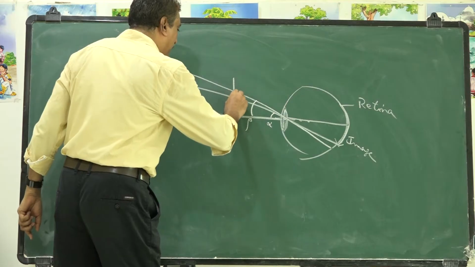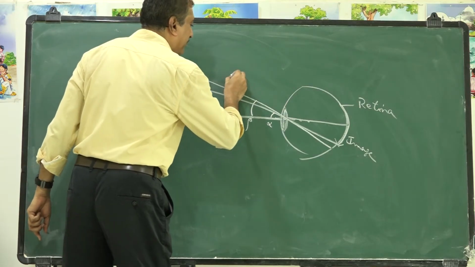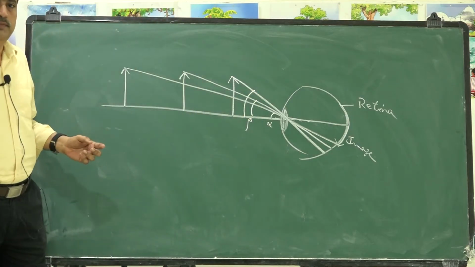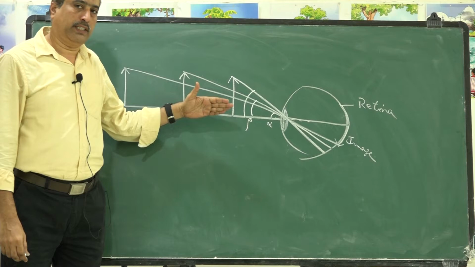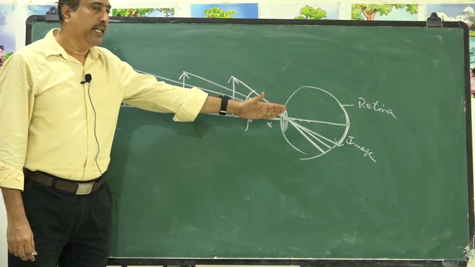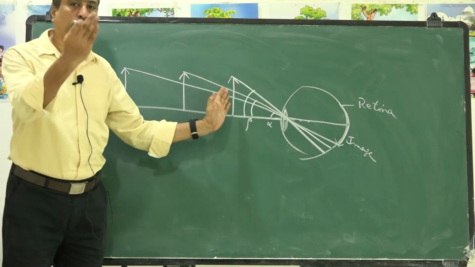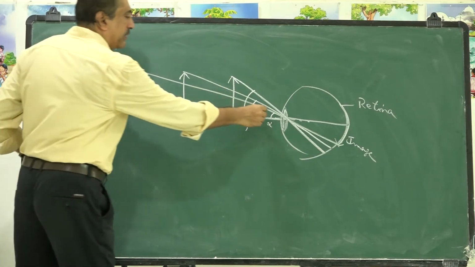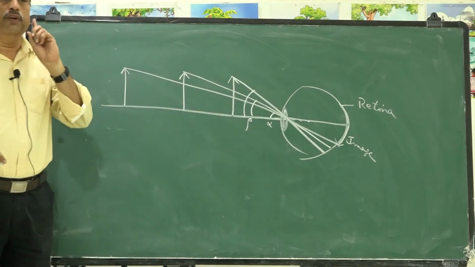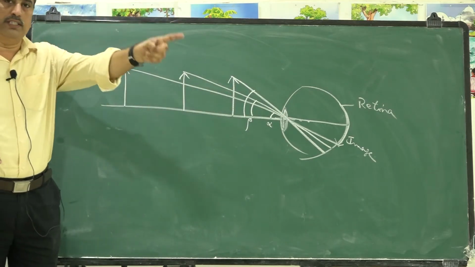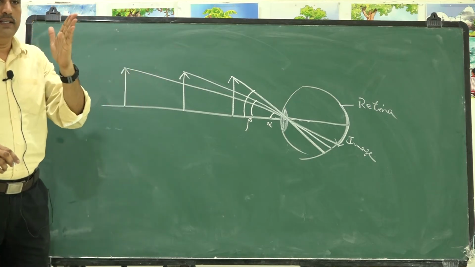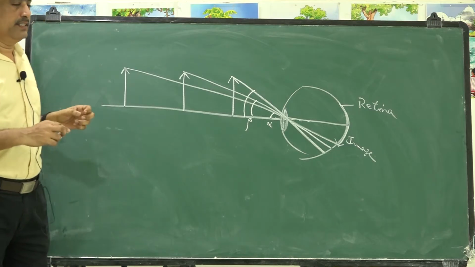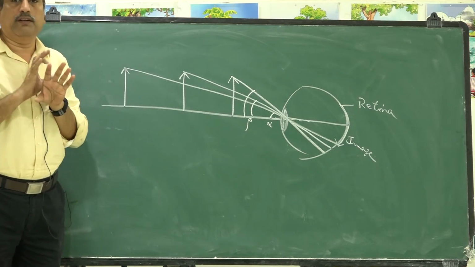If it is at this point, the angle is more. That means the angle subtended by an object at the eye is large when the object is close to our eye, and when it is at a larger distance, the angle subtended is less. If we observe an object at a very far distance, the eye is in a relaxed position, that means the ciliary muscles of our eye are not strained.